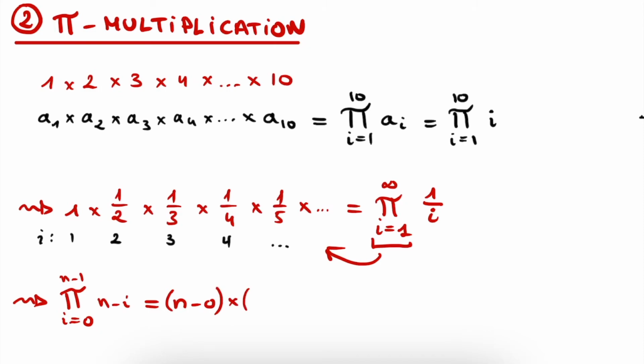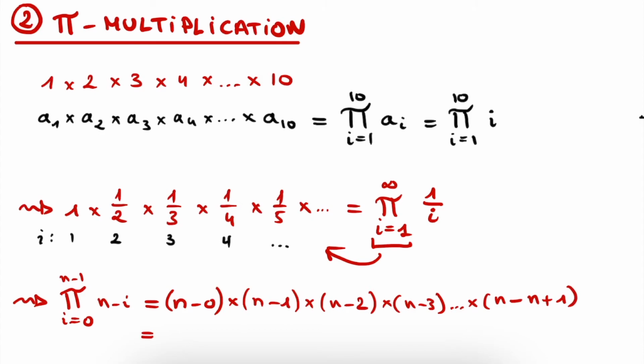Then we multiply this with the second term, which is with i equal to 1. All right, so we write n minus 1. Then we multiply, of course, with n minus 2, because for this term i is equal to 2. We multiply with n minus 3, all the way down to the very last term, where this index i is equal to n minus 1. So we have n minus i, but i is simply n minus 1, so this becomes n minus (n minus 1), which is minus n plus n plus 1.